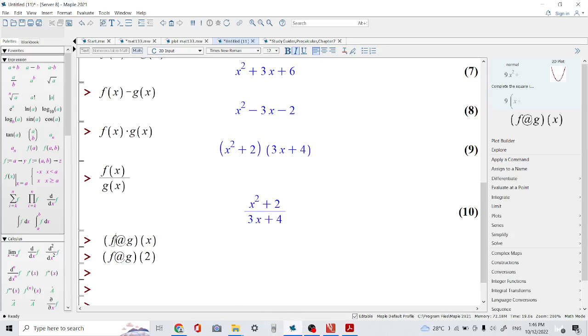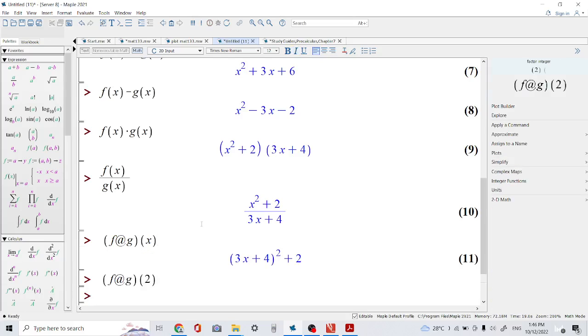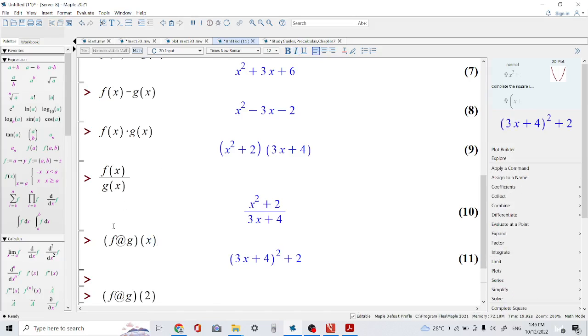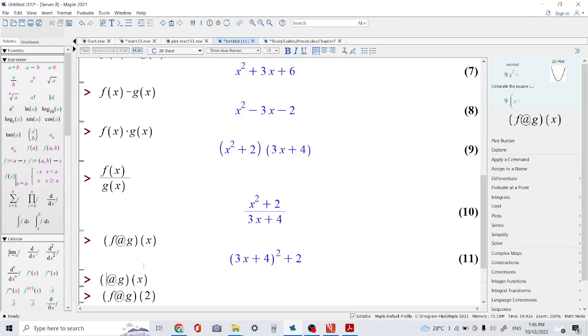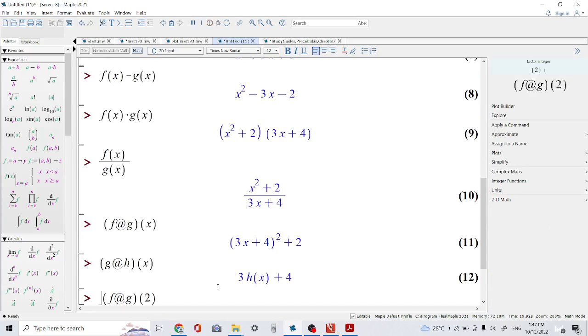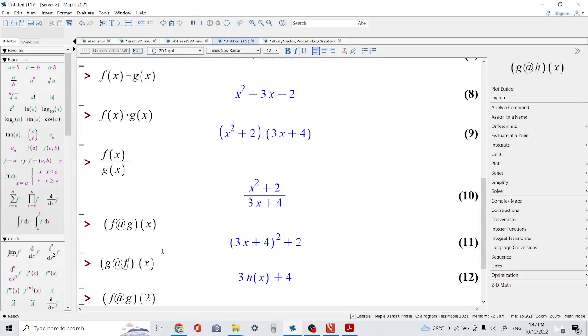Alright, if you want to find f composite x, just type that one, you will get this one. If you want to do vice versa, for example, this one just change into g hash. You will get the answer. Hash, sorry, typo, f.